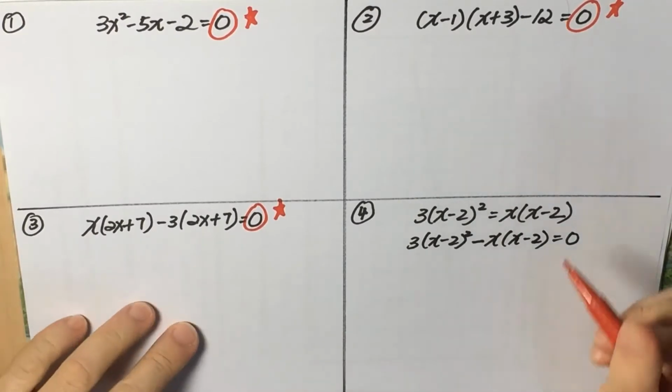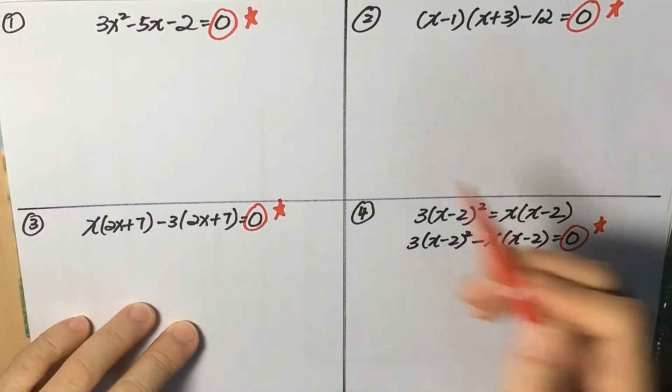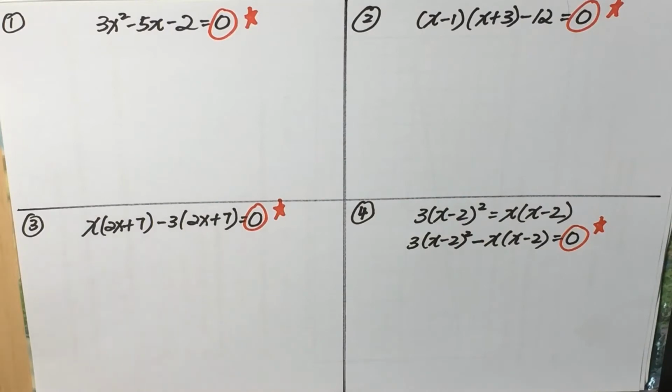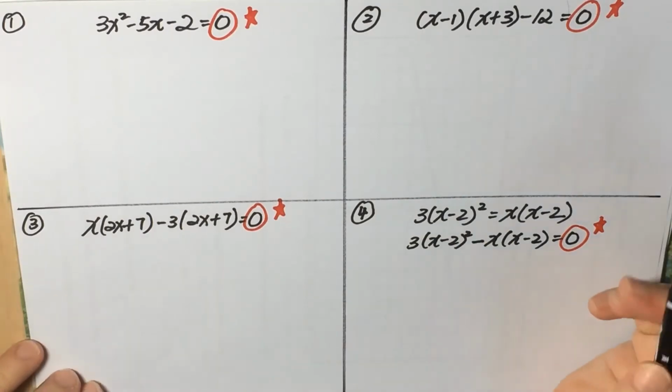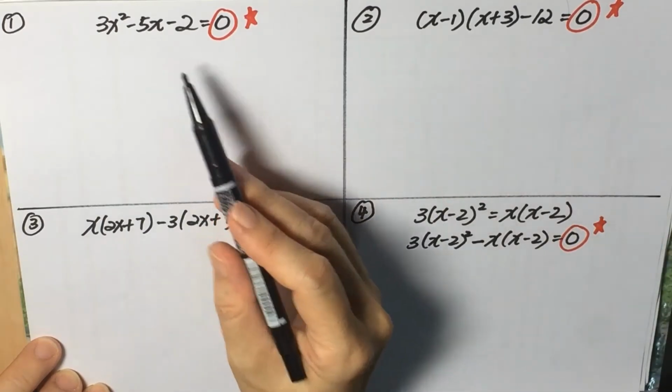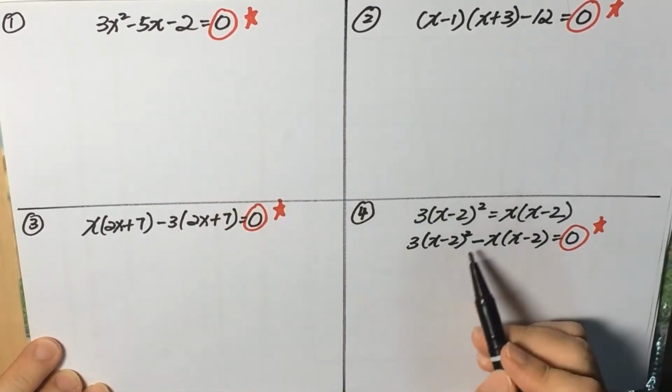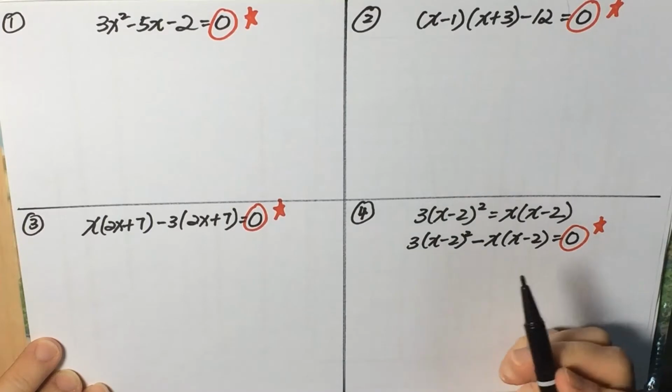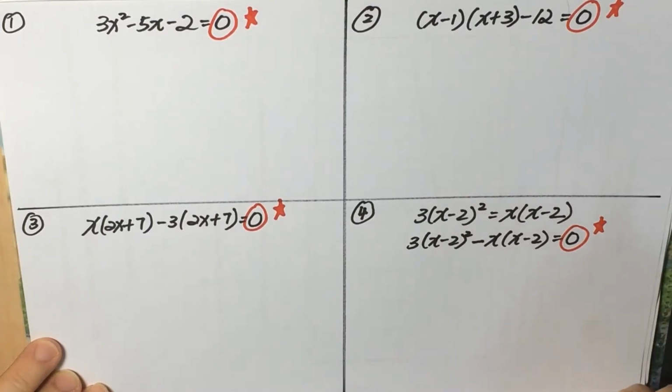So I have put one side equal to 0. All of them now have one side of the equation equal to 0, so I can use factorization to factorize the left hand side. Then after that I use the factor law to get my answer.